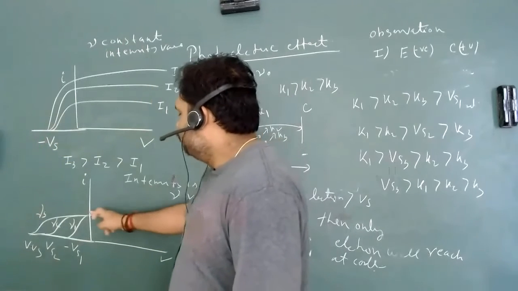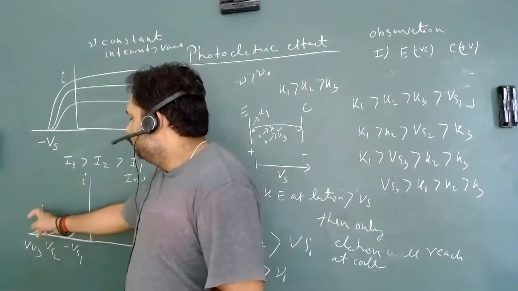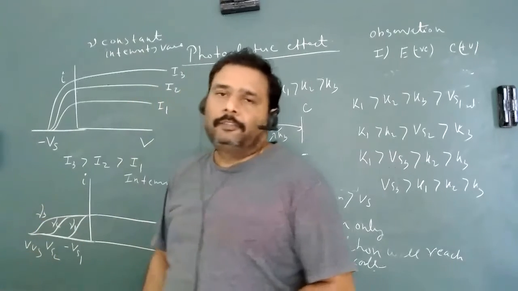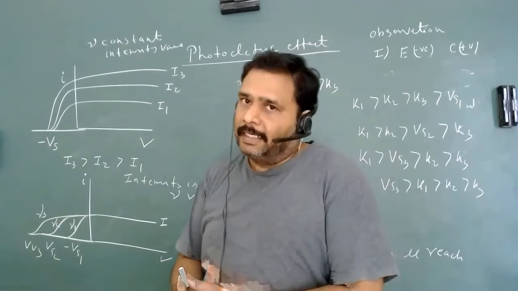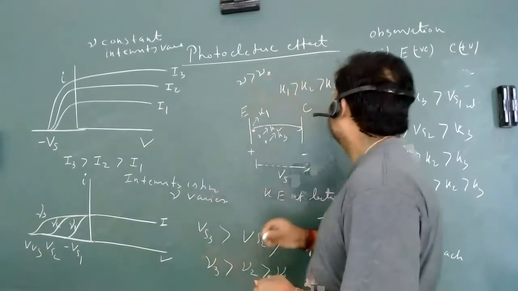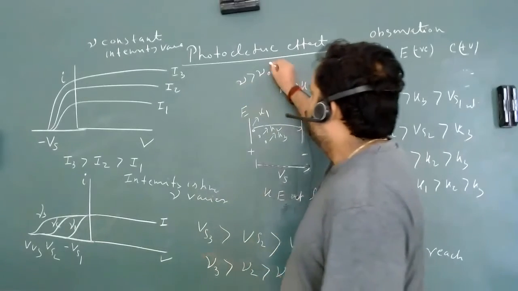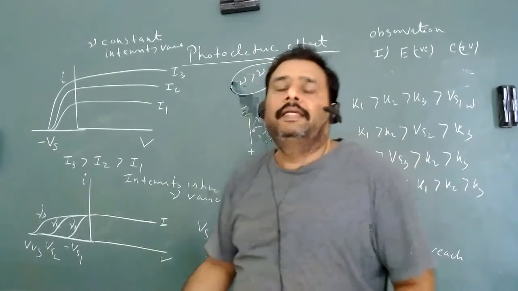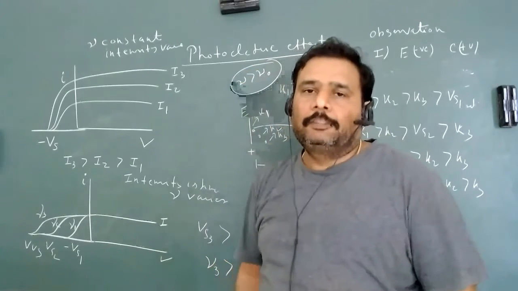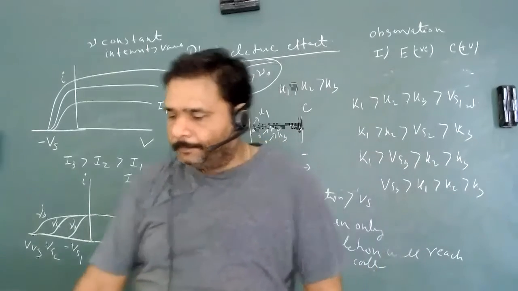But when we fix the intensity and change the frequency, we have seen that the higher the frequency, the higher the stopping potential. We have to try to understand this. And one more important thing is that all these observations hold when nu is greater than nu naught. Why is this happening? We have to explain this, and all of this can be explained by Einstein.